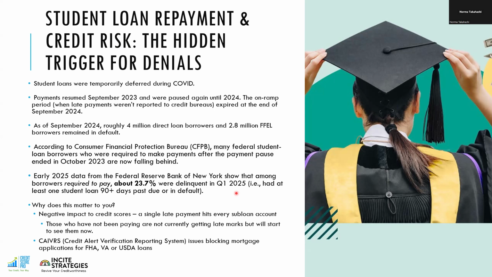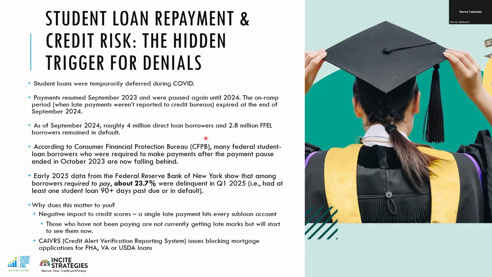So we ended up seeing 4 million direct loan borrowers and 2.8 million FFEL borrowers in default. And now we're seeing those rates increase even more because people are not necessarily on top of the fact that their loans aren't being paid until they get their credit pulled. And now all of a sudden they're aware that they're getting delinquency.